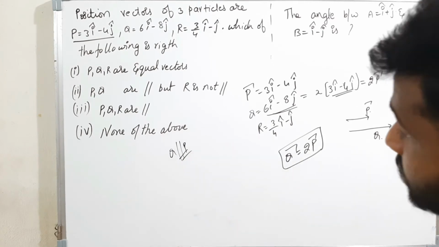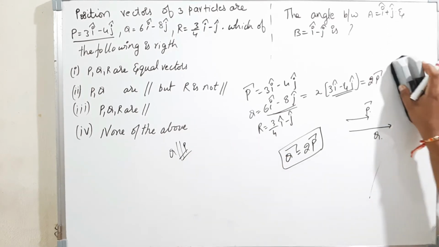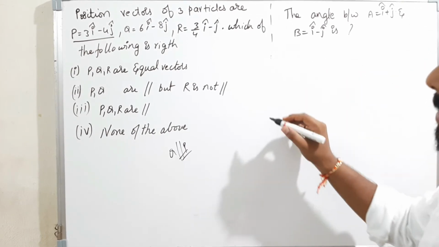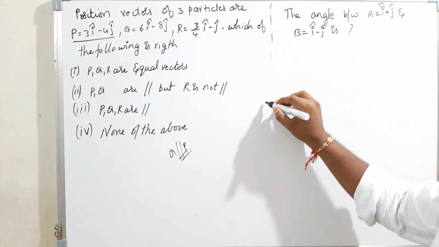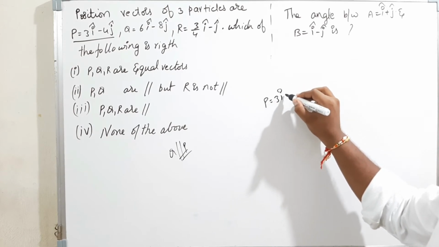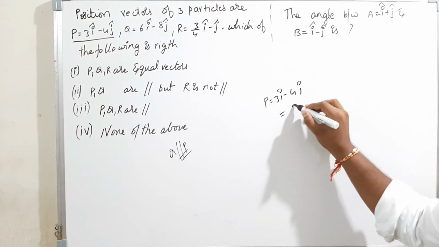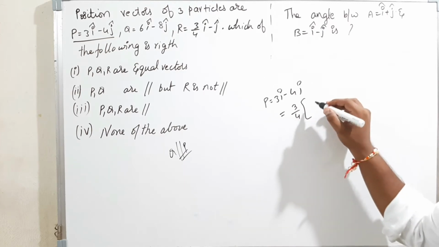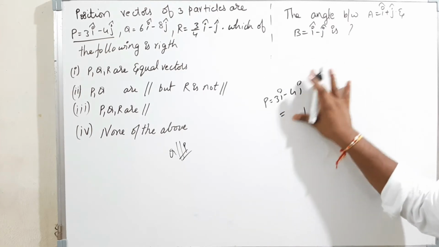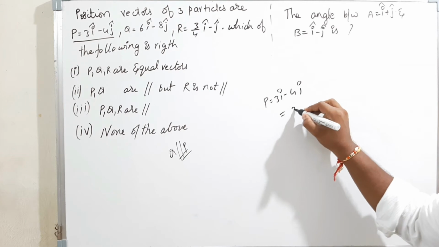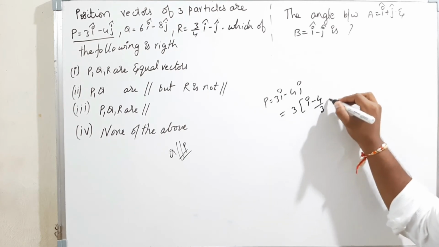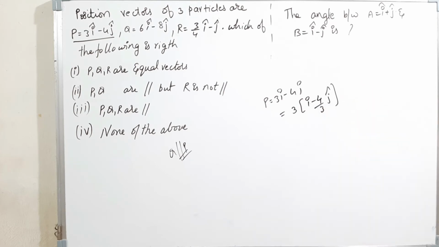Okay, done. Now next one, how to find for R? Now see here. P is 3i cap minus 4j cap. If I take 3 common, I cap minus 4 by 3 j cap.